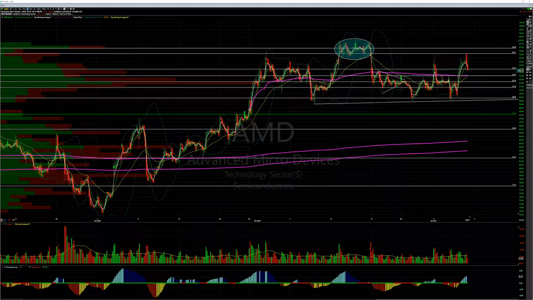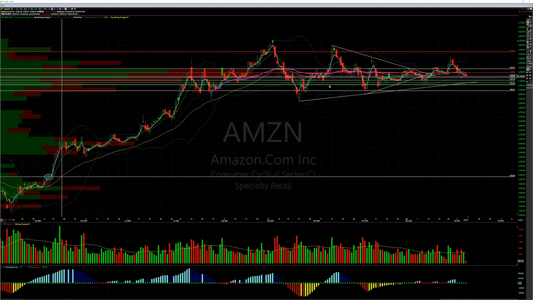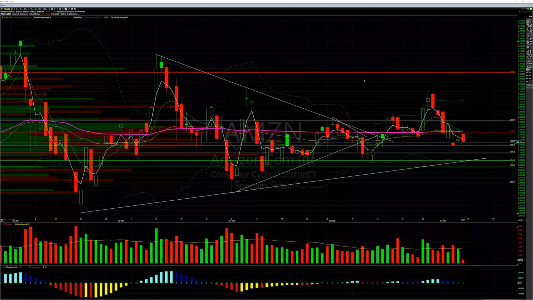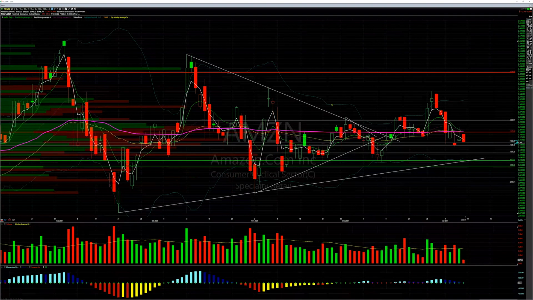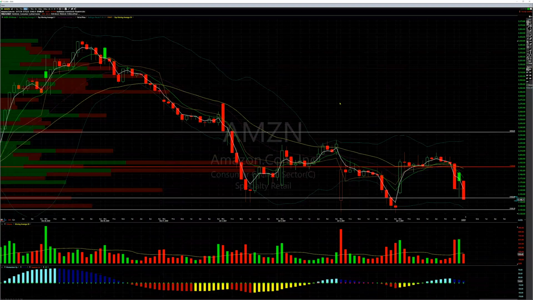and you guys know, volume profile changes as we trade, right? So Amazon, do you guys see how I've got this red line here? This red line, I haven't updated it this week, but this red line was for quite some time the main.